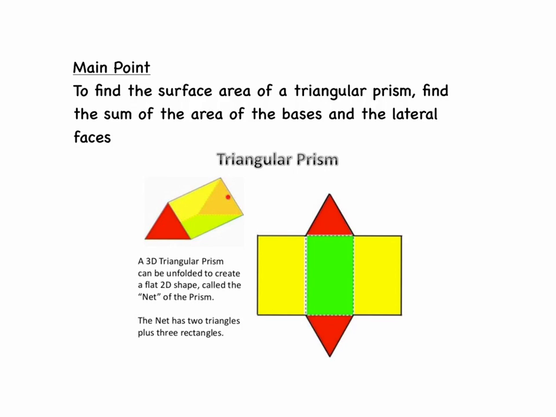And then we have three rectangles: the right side, the left side, and a bottom piece. That bottom piece is this green, and the left and the right side are the yellow. So all we have to do is find the area of each of these five pieces, and we would be able to find the surface area of the triangular prism.